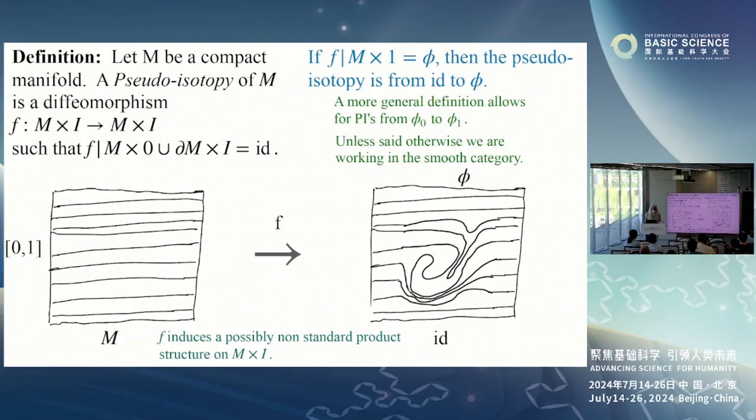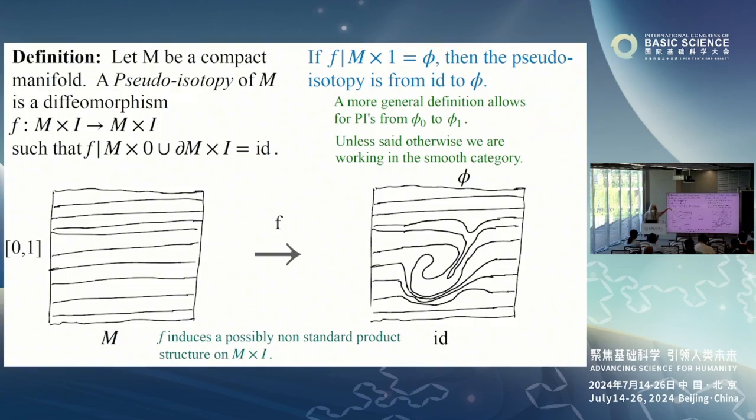But what's interesting is this is a way of relating the identity map on a manifold with possibly another diffeomorphism phi.